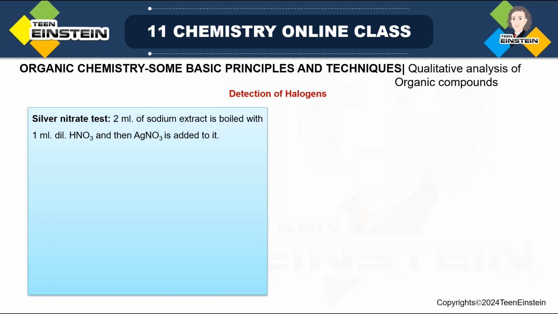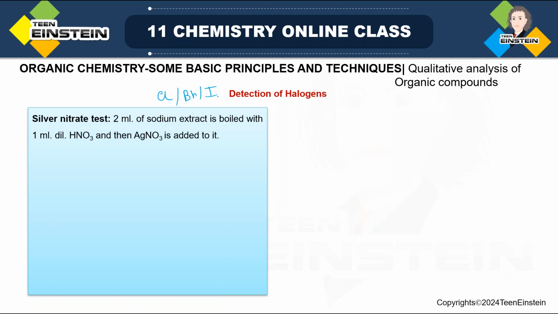Now the third element, though it may be more than one element, but all of them are halogens, the same type of element. Now when we say halogen, it is basically Cl, Br, I, not fluorine. Cl, Br, I. Silver nitrate test. Here we will do basically two tests.